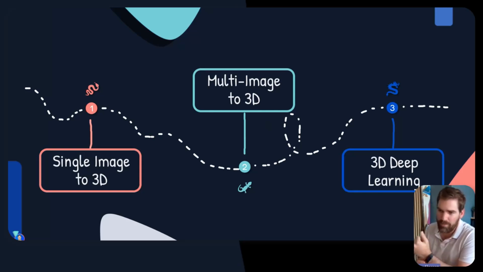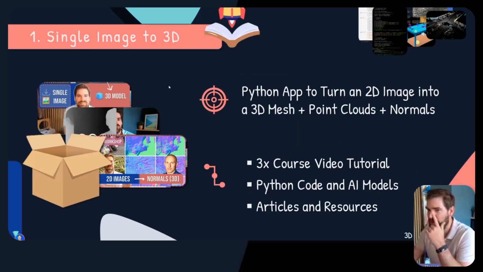This is just a roadmap. If this is the kind of technology that helps you, it is very simple, in 3 stages, what I will recommend. The first one is exploring single image to 3D, then moving on to multi-image to 3D, and then to 3D deep learning. So for the first thing, I will send you a package with the main course video, the Python code and such.